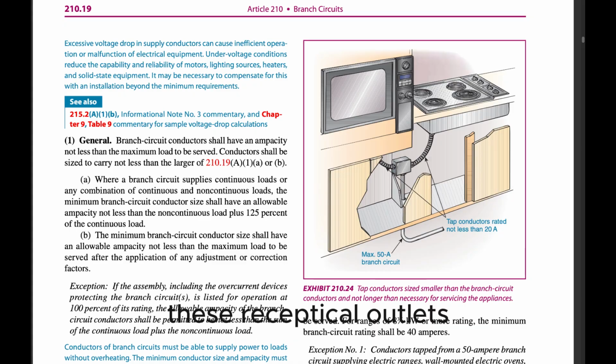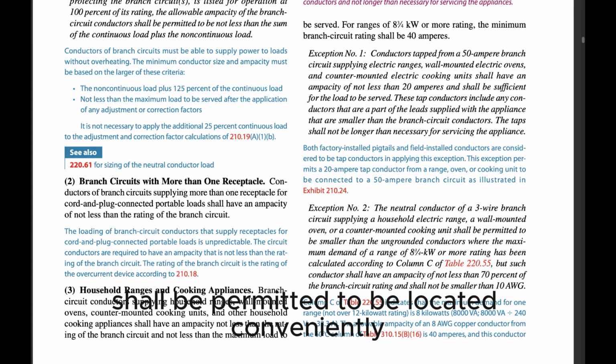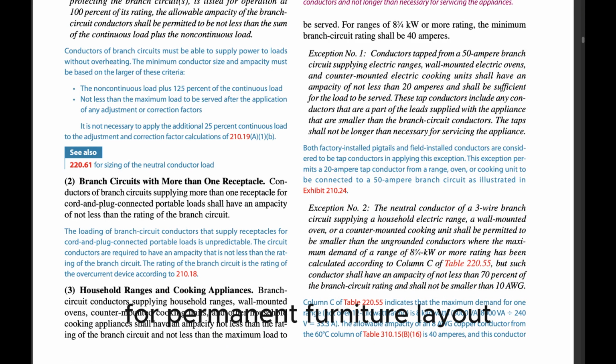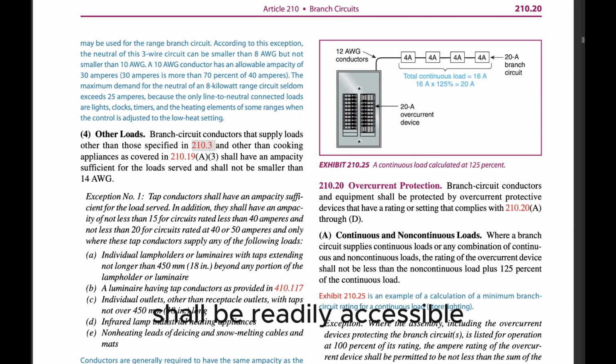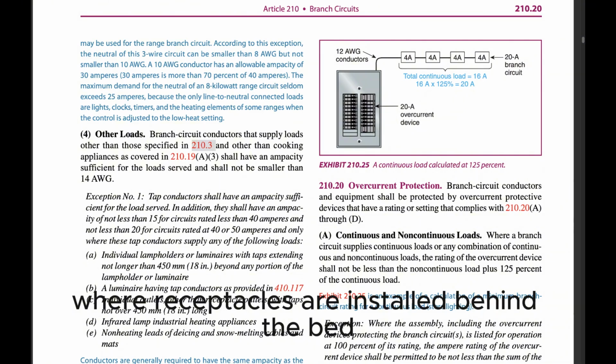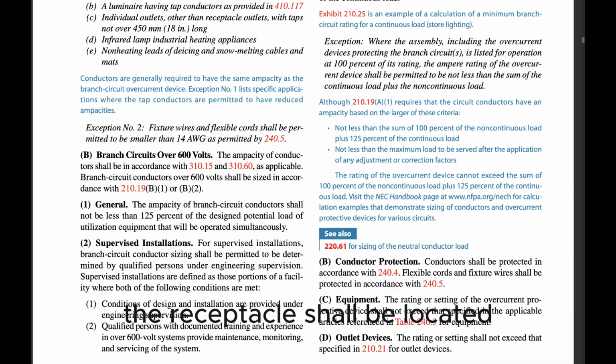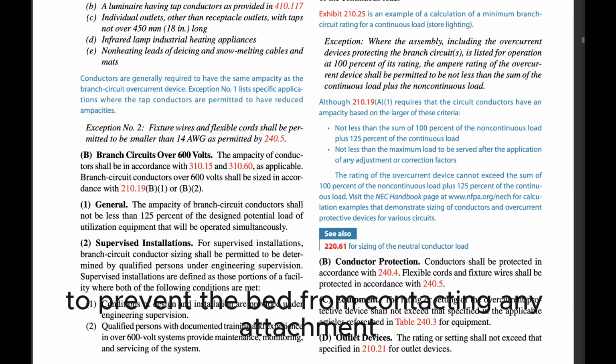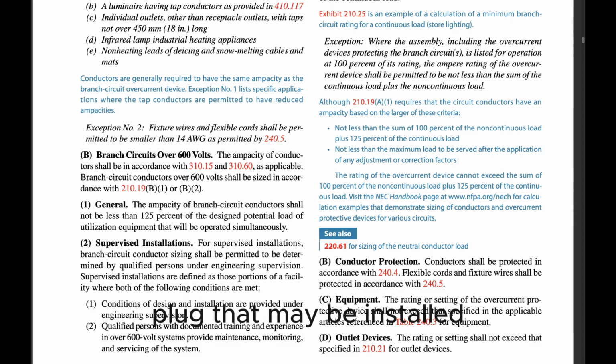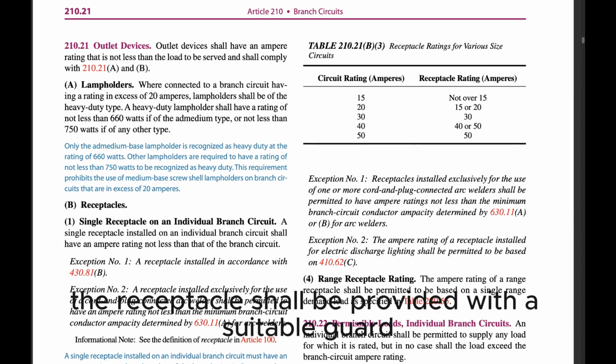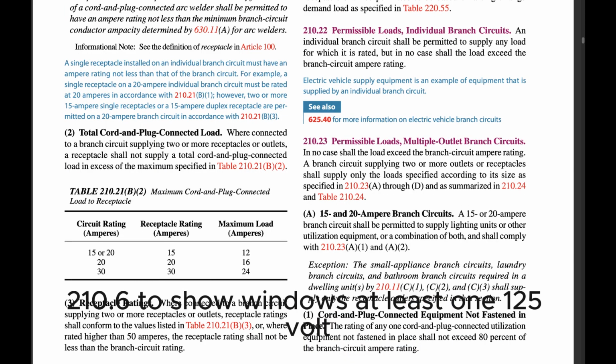These receptacle outlets shall be permitted to be located conveniently for permanent furniture layout. At least 2 receptacle outlets shall be readily accessible. Where receptacles are installed behind the bed, the receptacle shall be located to prevent the bed from contacting any attachment plug that may be installed, or the receptacle shall be provided with a suitable guard. 210.62 Show windows.